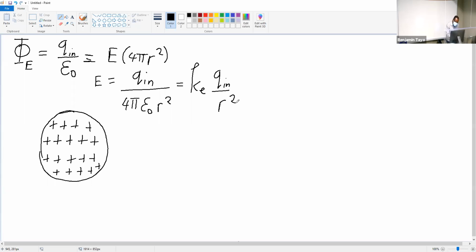In this equation, K_E is this quantity here, 1 over 4 pi epsilon naught. So this is the basic equation that we use all the time.